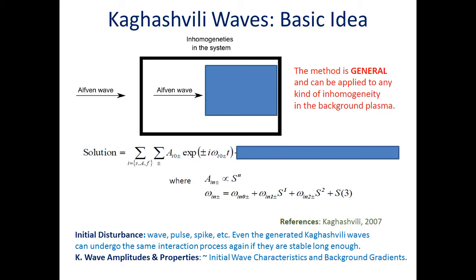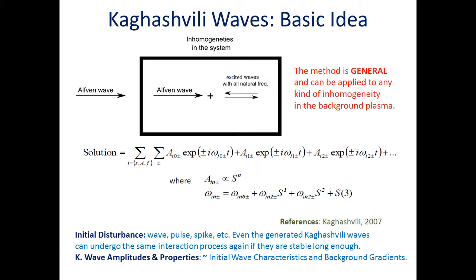So I represented the solution not like that. I represented the solution as a series of terms in terms of the S parameter. And the S parameter, like I said, is the gradient in zero-order quantities. And after representing this solution, I could put it back in the governing wave equations and derive the amplitudes for A1, A2, and so on.